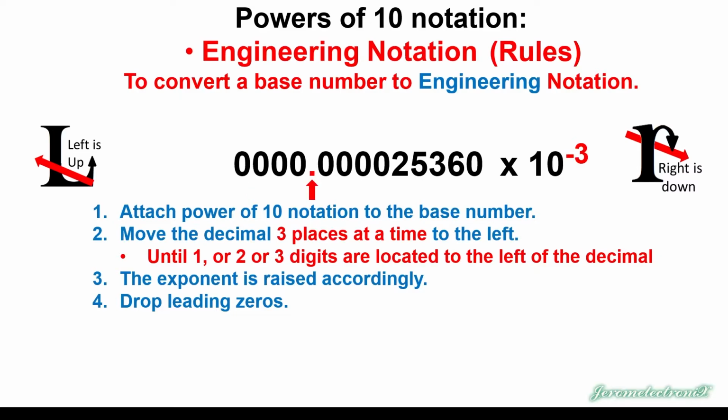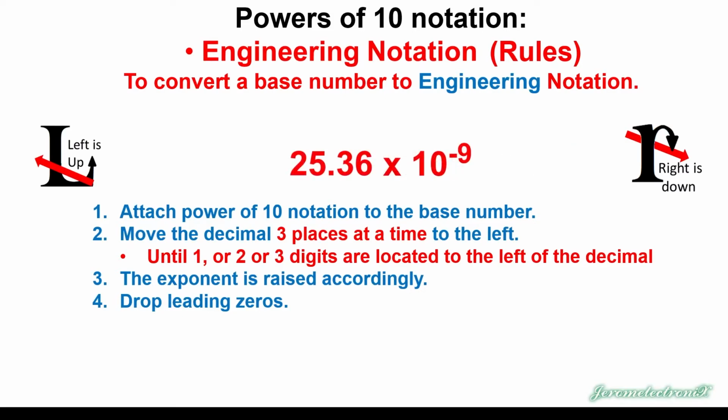So moving it once, since we're going to the right, the exponent is going down. Down from zero into the negative range, it's a -3. Move it again, -6. Move it again, -9, getting rid of all the zeros. They don't change the value of the number, so we can eliminate those. And our answer is 25.36 times 10 to the -9.